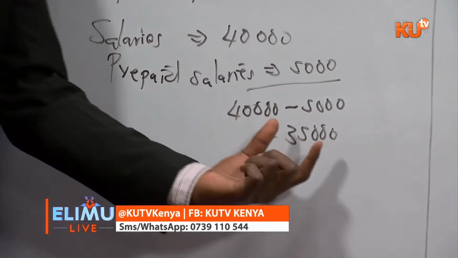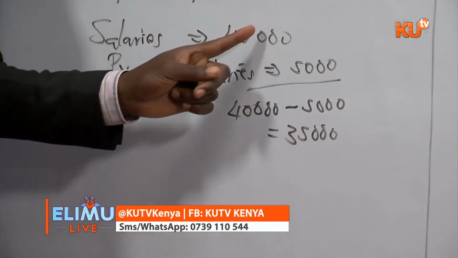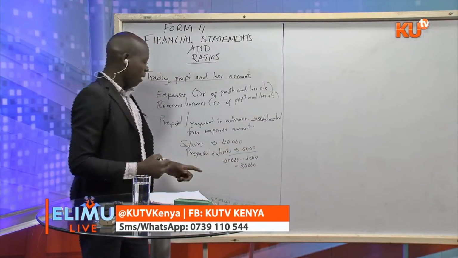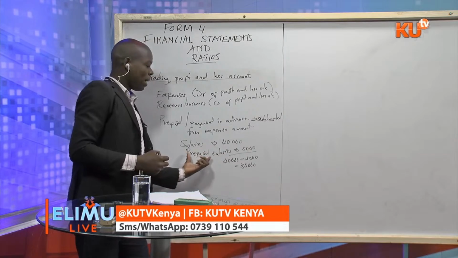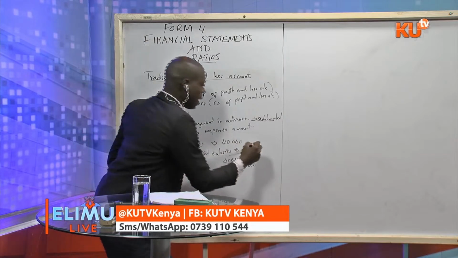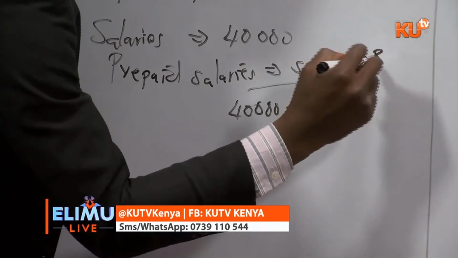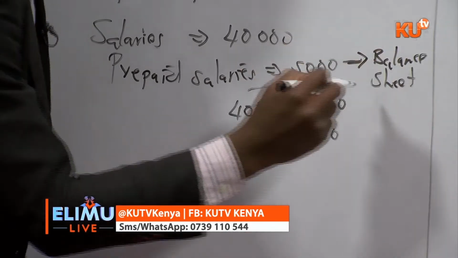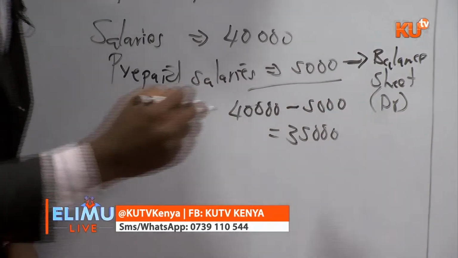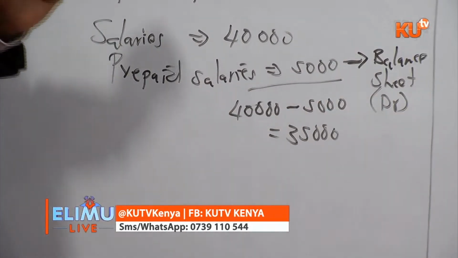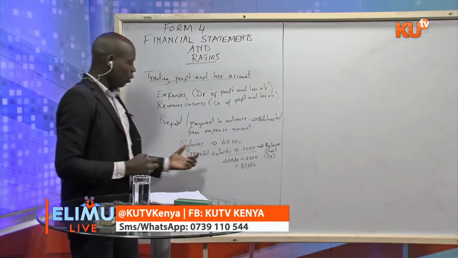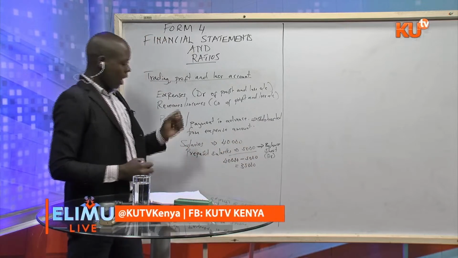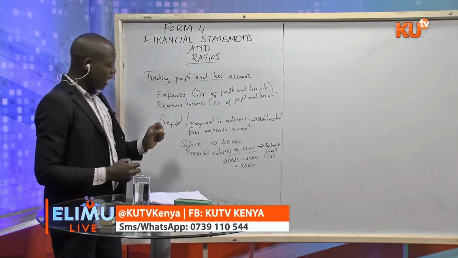So we record 35,000 and not 40,000. The 5,000 that is prepaid is carried to the balance sheet, on the debit side, as a current asset. So all prepaid expenses are transferred to the balance sheet as a current asset.